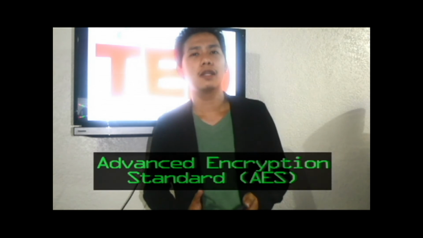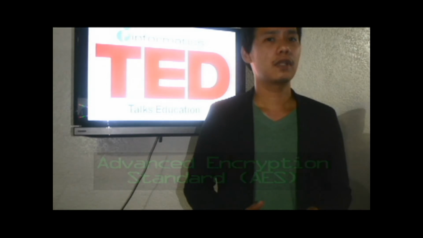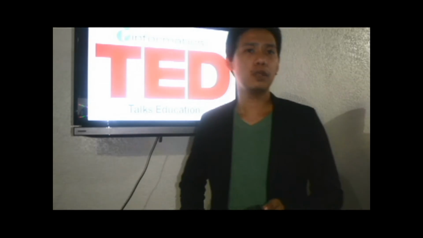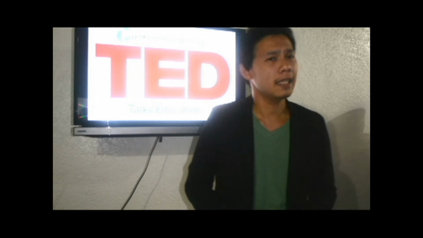We also have AES, or Advanced Encryption Standard, as one of the common algorithms used today. It is a symmetric block cipher used by the US government to protect classified information, and it is implemented in software and hardware throughout the world to encrypt sensitive data.